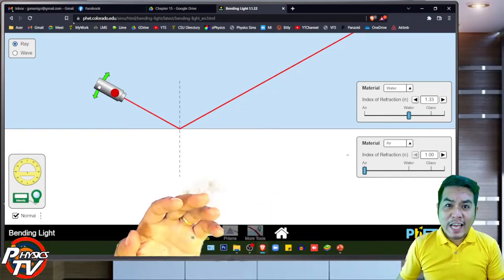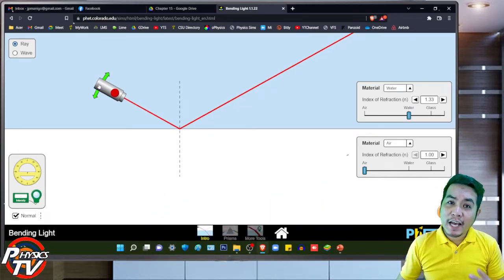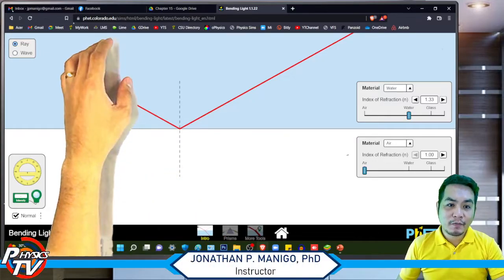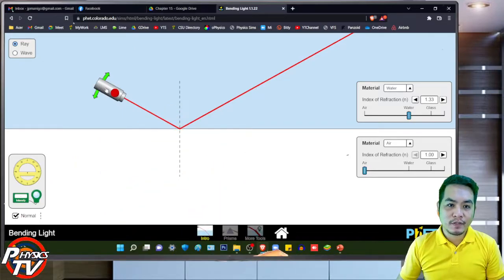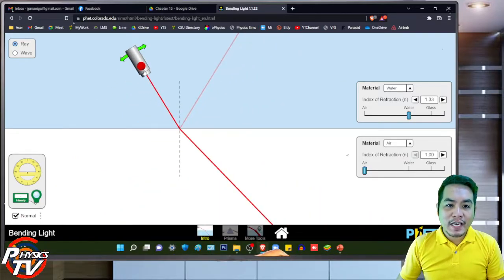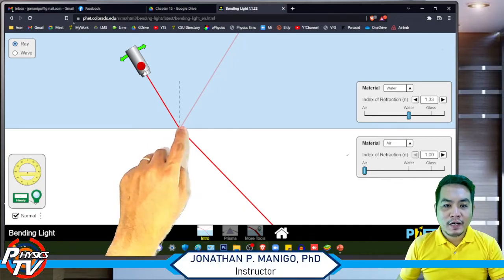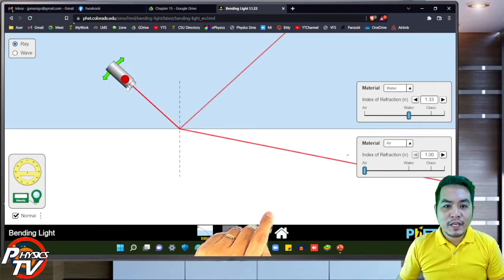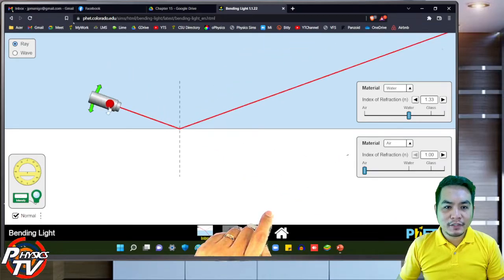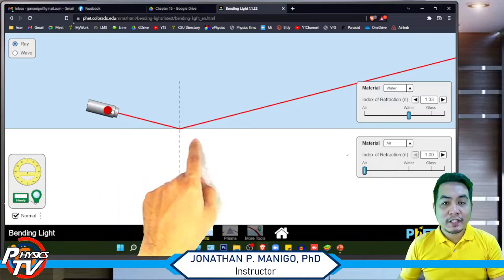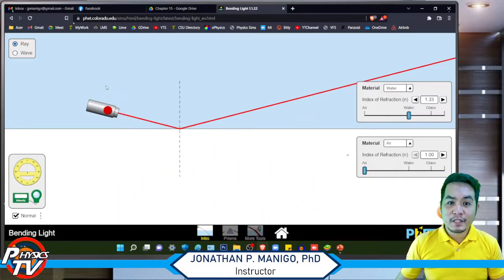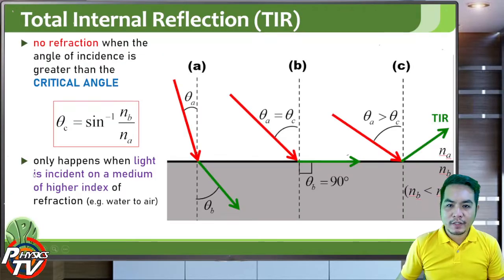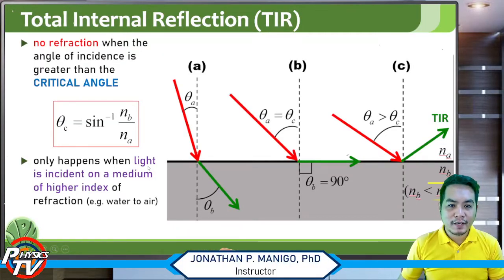Again, TIR can only happen when light is coming from a higher index of refraction towards a lower index of refraction. When the angle is less than the critical angle, there will be both reflection and refraction. But beyond the critical angle, it's purely total internal reflection, as if the boundary becomes a mirror. Okay, so that's TIR.